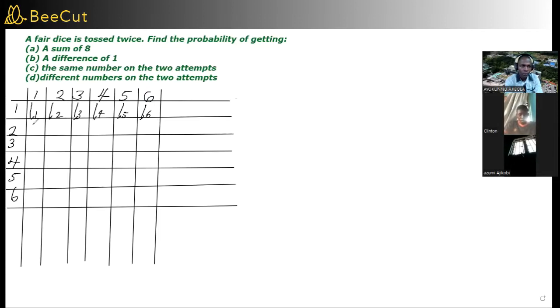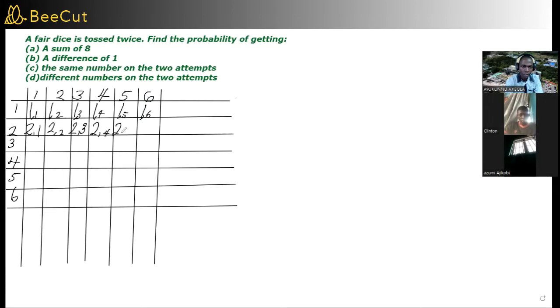Then it is possible that the first attempt is 2, while the second attempt is 1. First attempt is 2, second attempt is as well 2. First attempt is 2, then second attempt is 3. First attempt is 2, then second is 4.